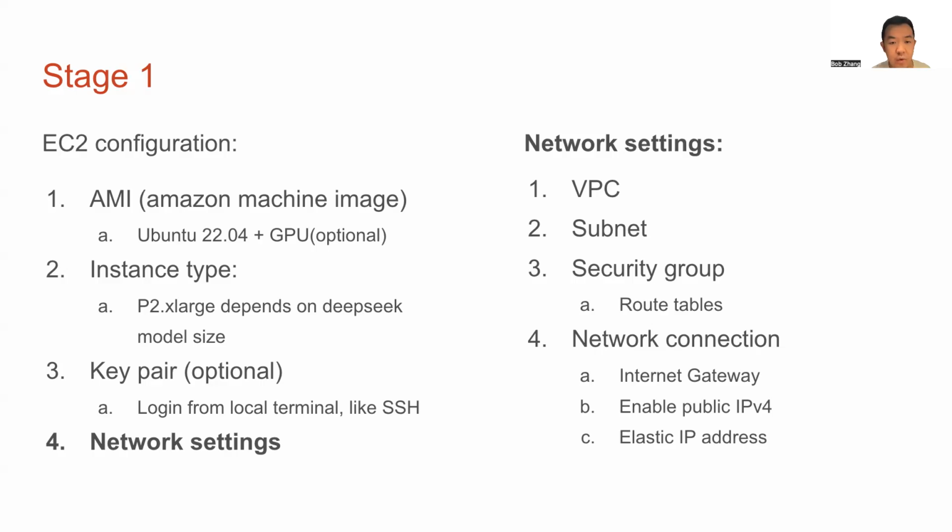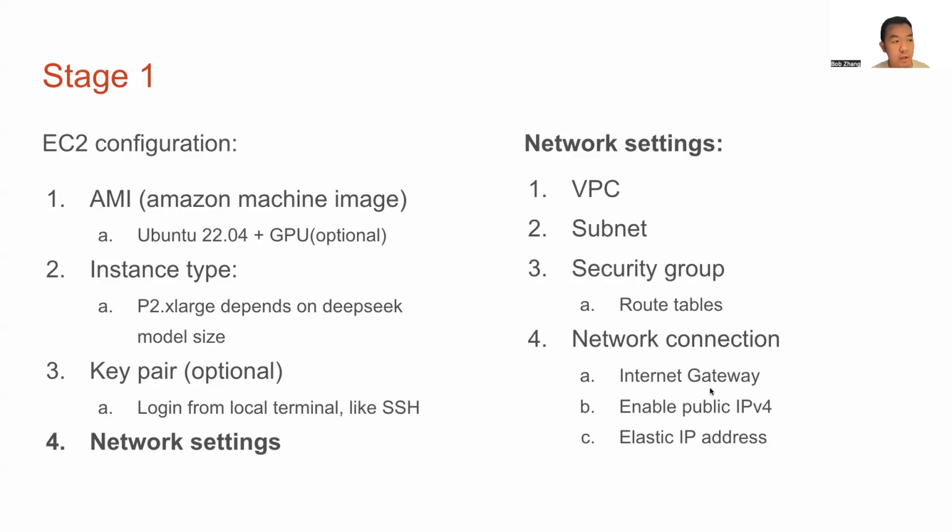And now let's talk about network settings, which is where many people run into issues. You will need to configure a proper VPC, an appropriate subnet, and a security group with the right routing tables, and most importantly, your network connection settings. You need to have an internet gateway and public IP addresses.